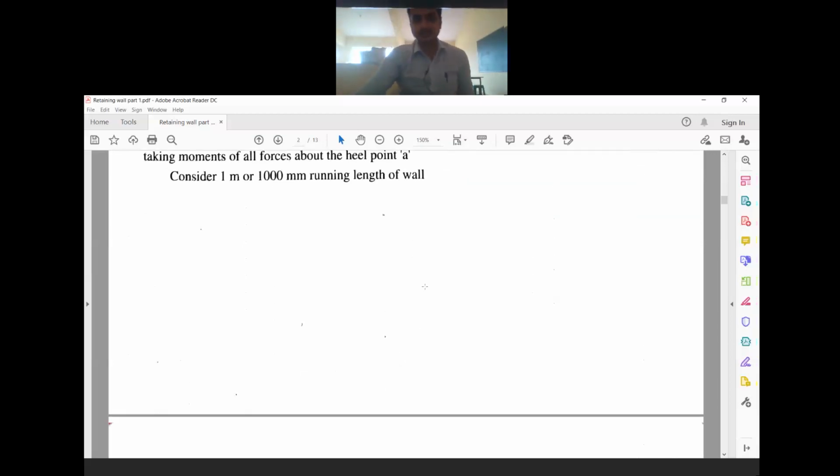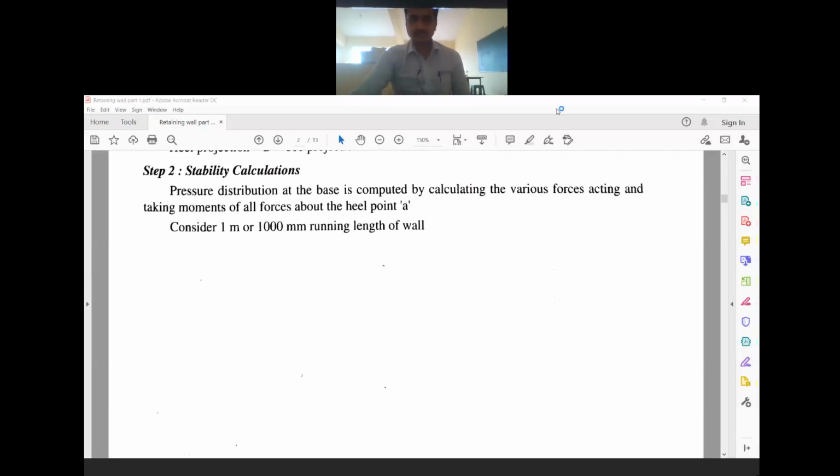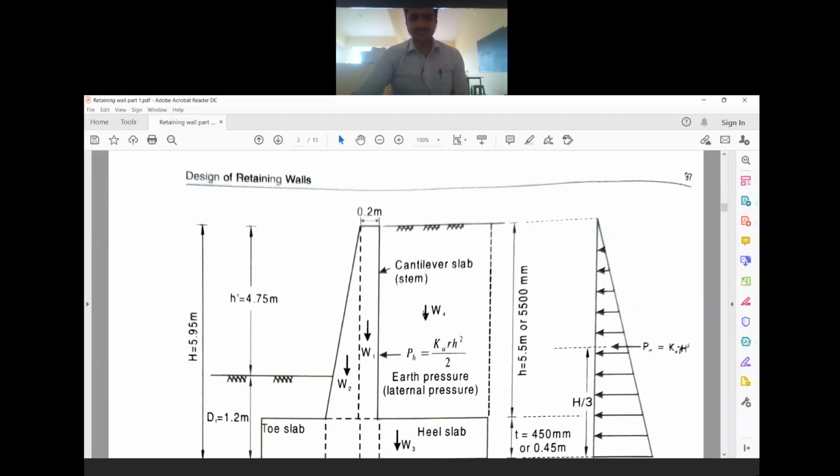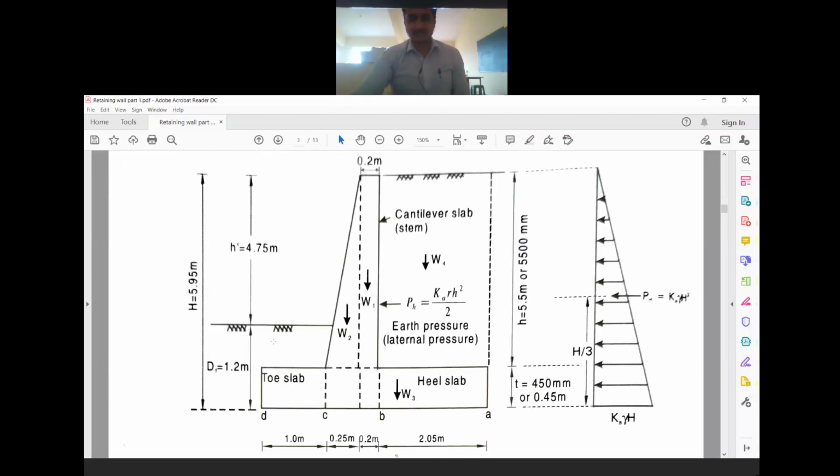As we were doing the design of slab, we would assume just a 1 meter strip of slab, right? So similarly here in retaining wall design, we shall consider only 1 meter strip of length of wall. See, consider this as the cross section of the retaining wall.